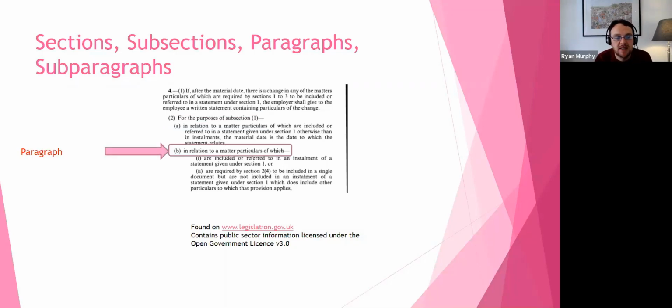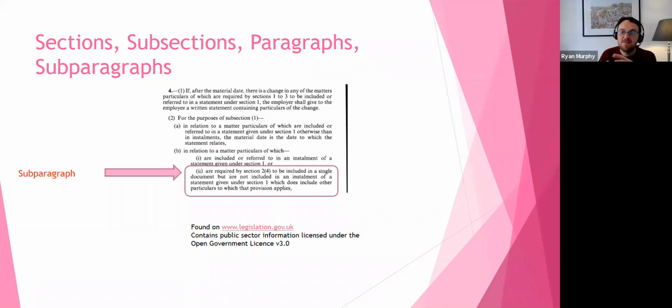So here we can see that this is section 4, subsection 2, paragraph (b), or as people would probably say, section 4(2)(b). So those are paragraphs. Again, if a subsection needs to be broken down into smaller units, you get to the level of paragraph. And then finally, the smallest unit you can have is a subparagraph.